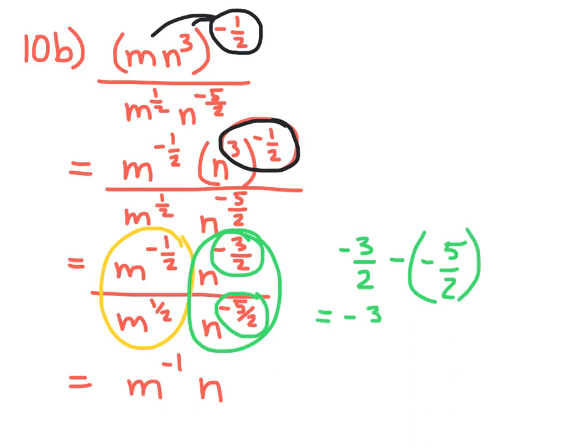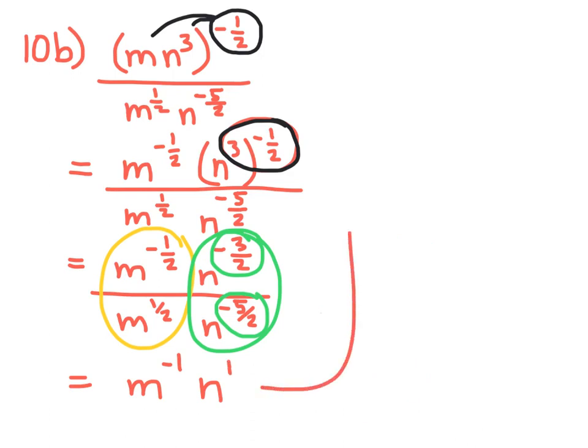Well, that's the same as saying negative 3 halves, a minus and a minus become a plus, plus 5 halves. It's great that the denominators are the same because now we can add these two things together. And negative 3 halves plus 5 halves is positive 2 halves, which is the same as positive 1.